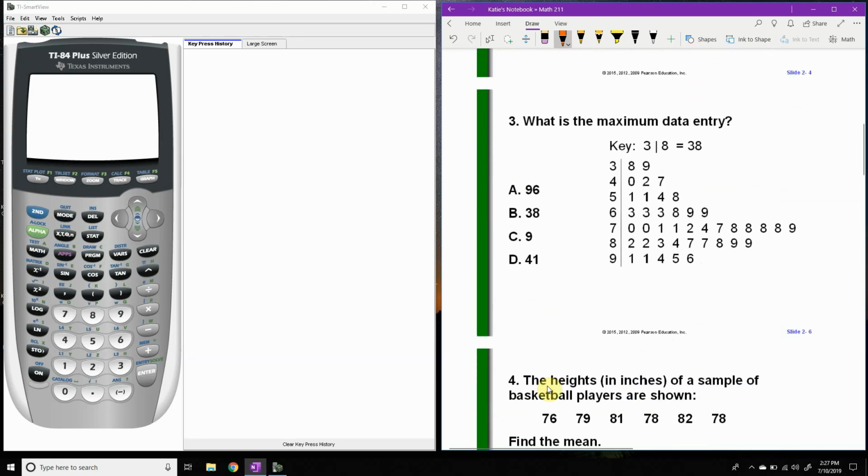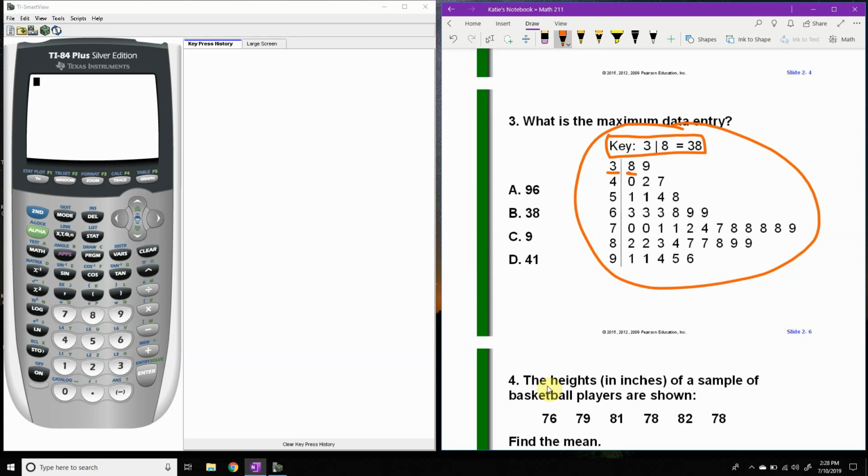Number 3, what is the maximum data entry? We recall that this type of organization for the raw data is called a stem and leaf plot, and it really depends on how we read the key. If this is not given to us, it makes it really hard to understand the difference between the stem and the leaf. Here, the difference is literally we're separating the digits by their place value.